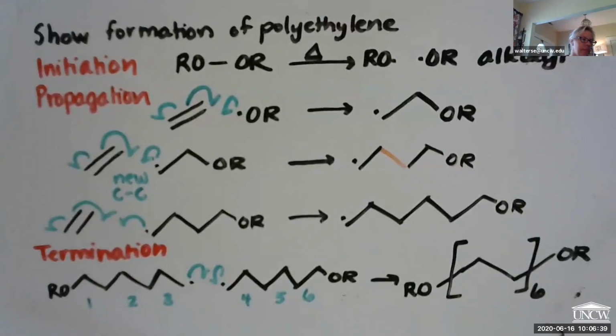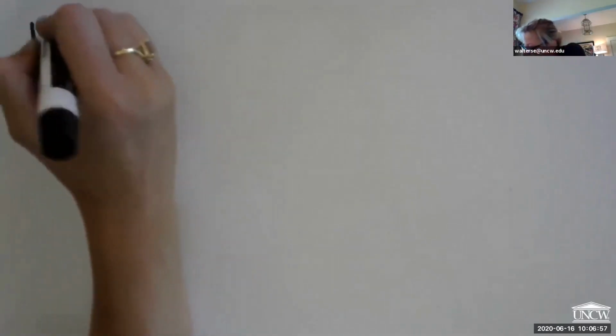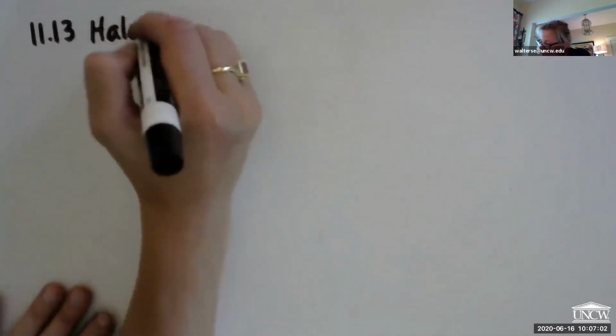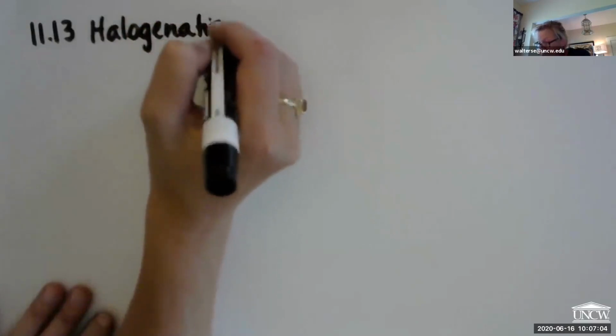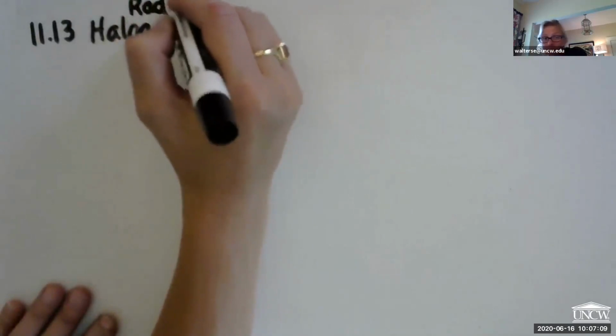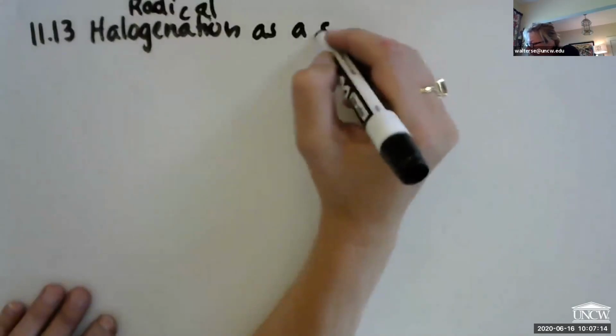Okay. All right. So the last part of this chapter is 11.13. Wait, yeah, that's right, 11.13. And it is the halogenation, radical halogenation as a synthetic technique.